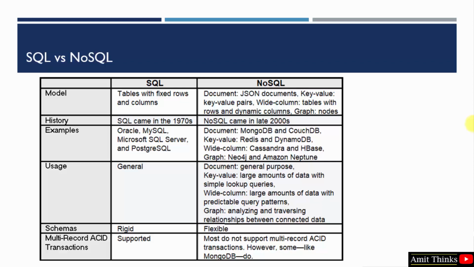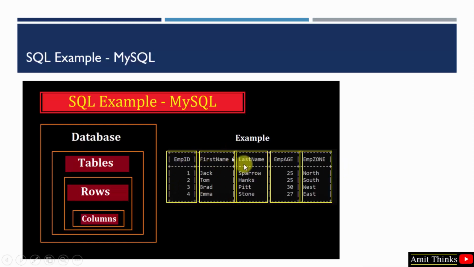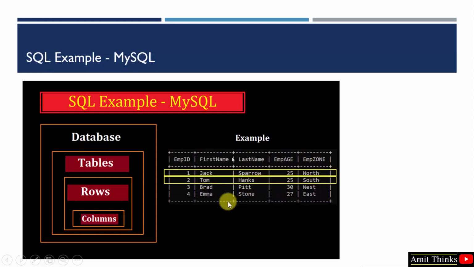As for usage, SQL is generally used to store data in the form of tables, rows and columns. Let's see an example. At first, the SQL example. We have shown MySQL here. As I told you before, SQL saves data in the form of rows and columns. It's based on RDBMS, that means based on the relational model, the relation between rows and columns in a table. Here are our columns: employee ID, first name, last name, employee age, employee zone, and these 4 are our rows.